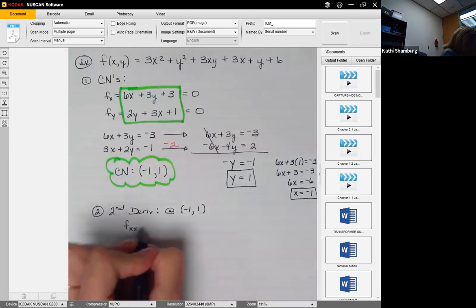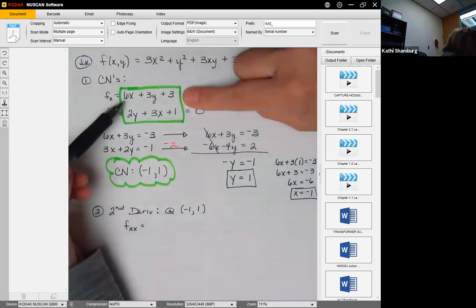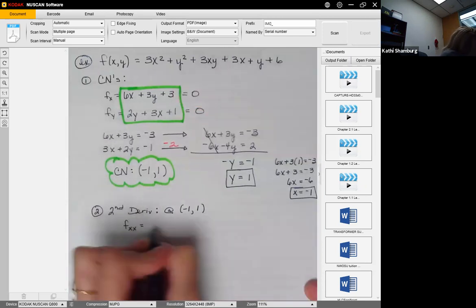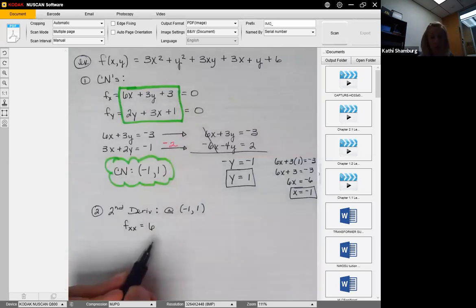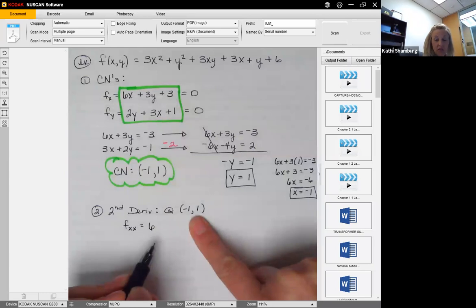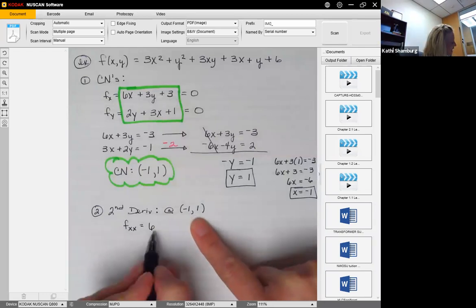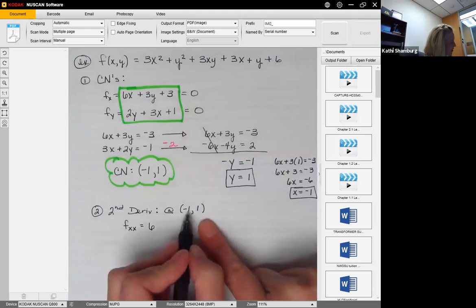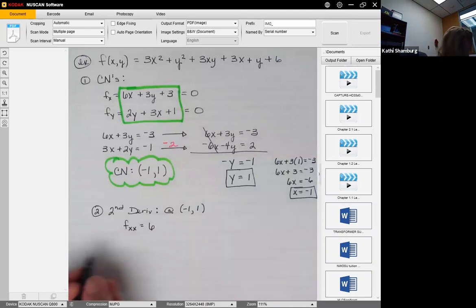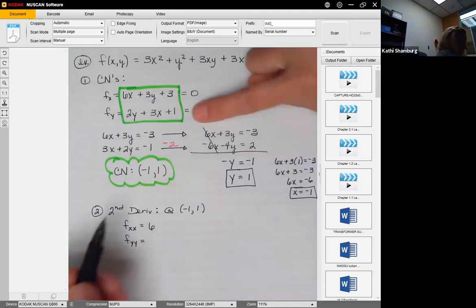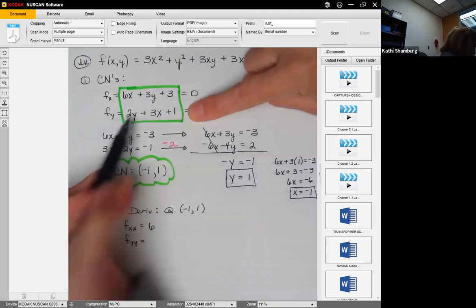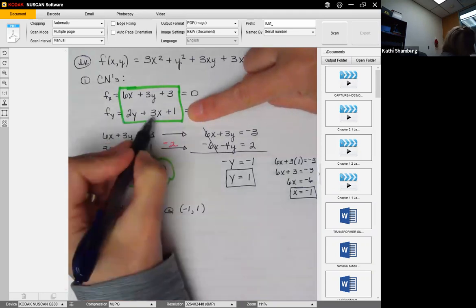f sub xx. I come up here and take the derivative with respect to x. That would be 6 plus 0 plus 0. I just get the numerical 6, so I don't have to plug in anything with these values. If this had come out as 6x, then in place of x, I would put -1, but it didn't. Now f sub yy, with respect to y, that would be 2 plus 0 plus 0.